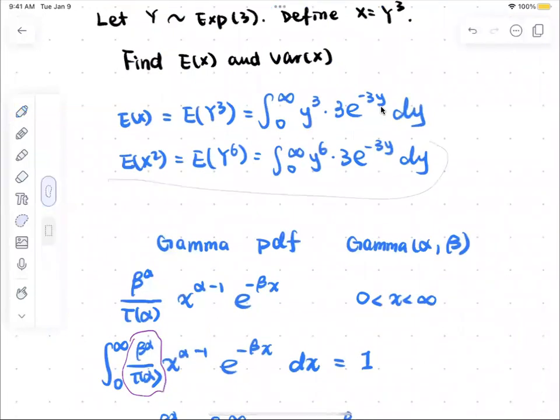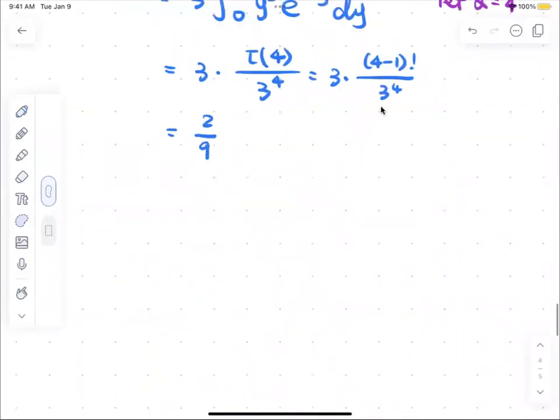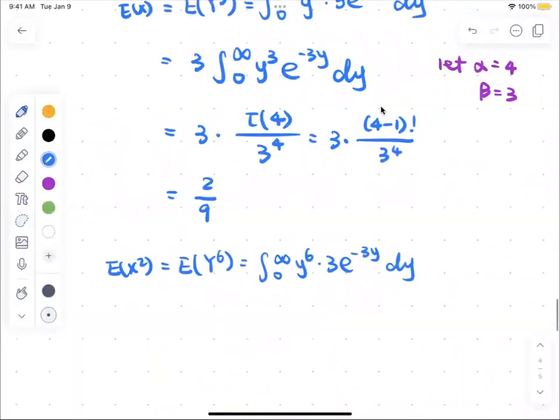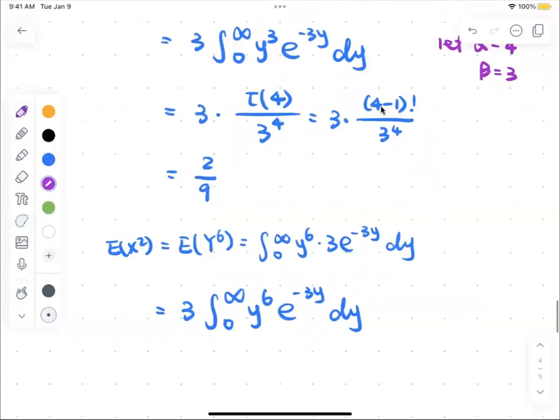And let's evaluate the other one. This integral is equal to 3 times the integral from 0 to infinity of Y to the power of 6 and e to the power of negative 3Y. Again, in this case, I'm going to use the shortcut, with x being raised to the power of alpha minus 1. So in this case, alpha needs to be 7 and beta needs to be 3.